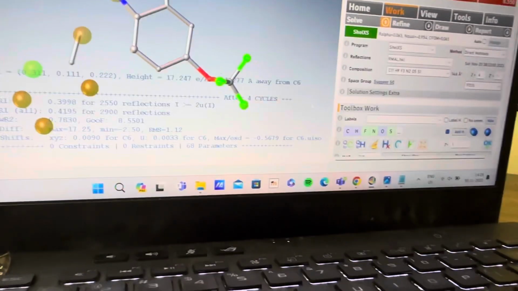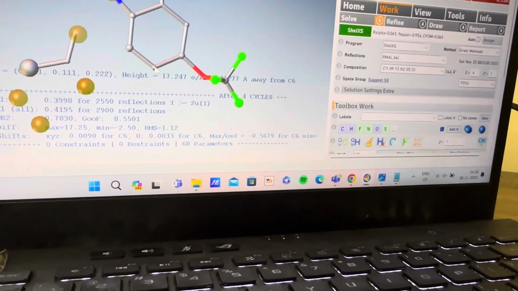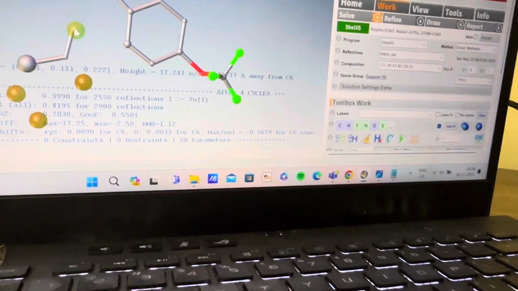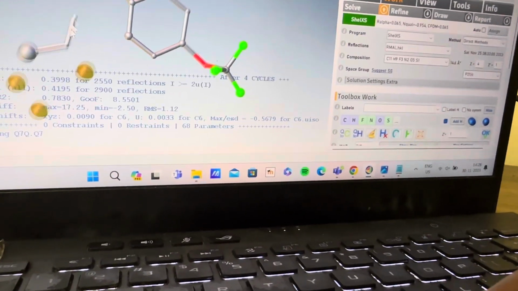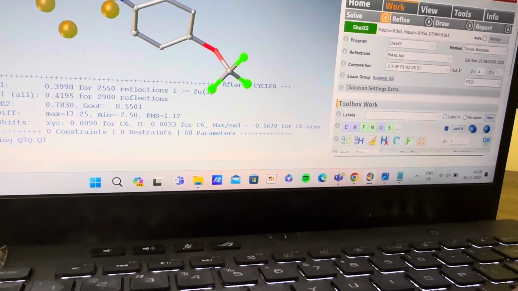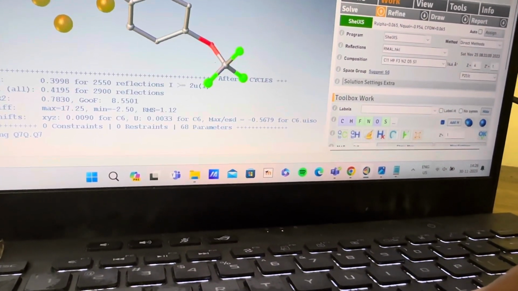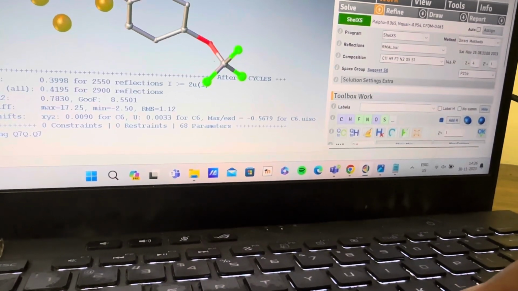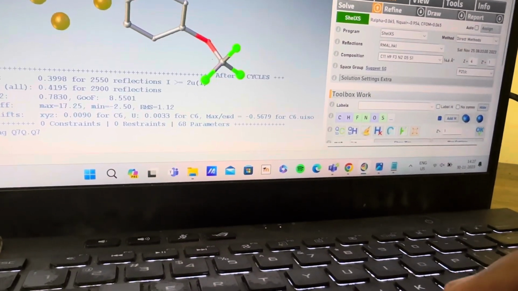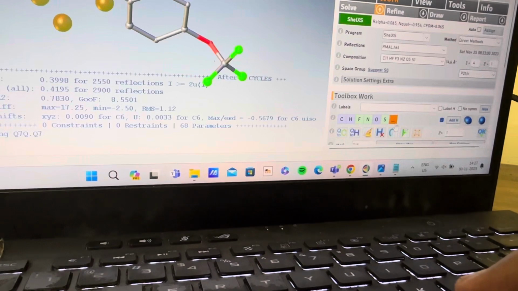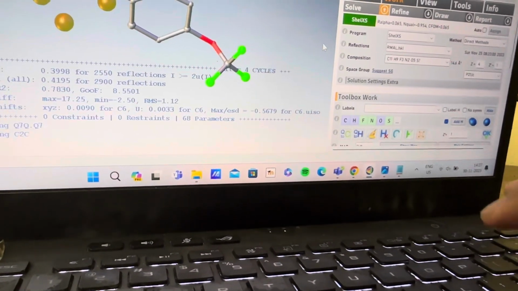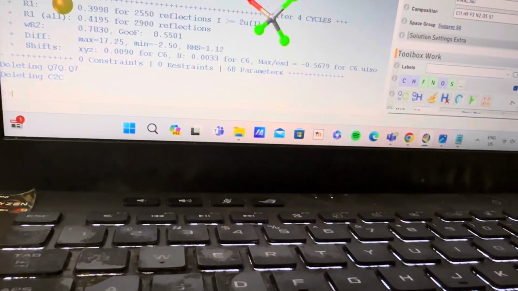Let's call this one carbon as well, see if a bond is constructed. For now, I'll delete this and refine again.